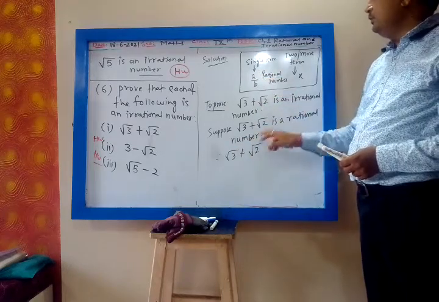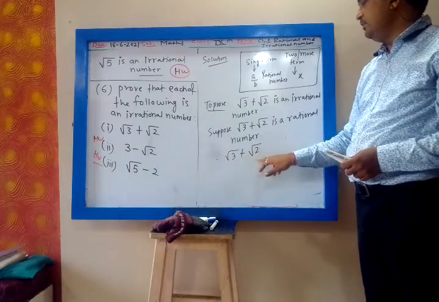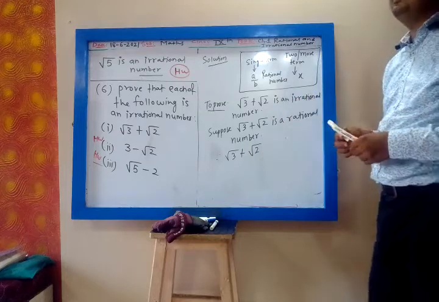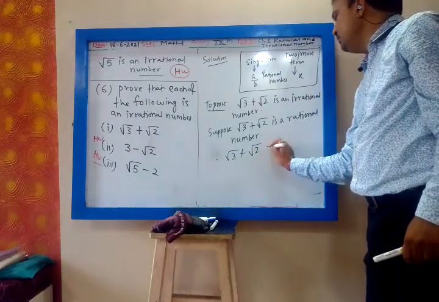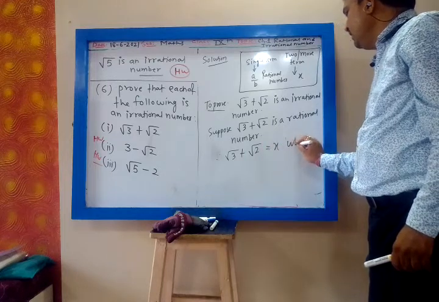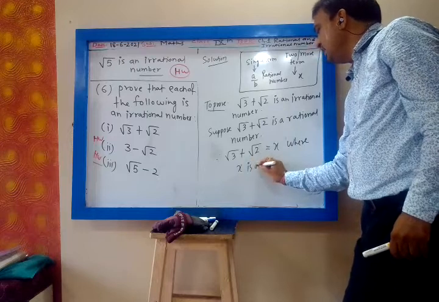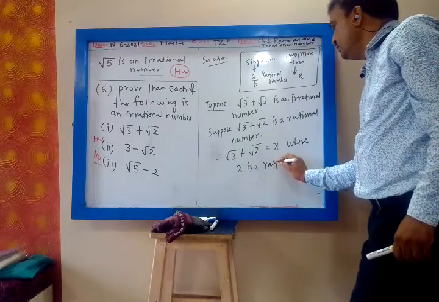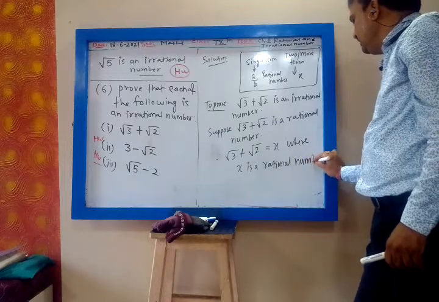But whenever there are two or more terms, as in root 3 plus root 2, I will consider the rational number as x. So root 3 plus root 2 is equal to x, where x is the rational number.